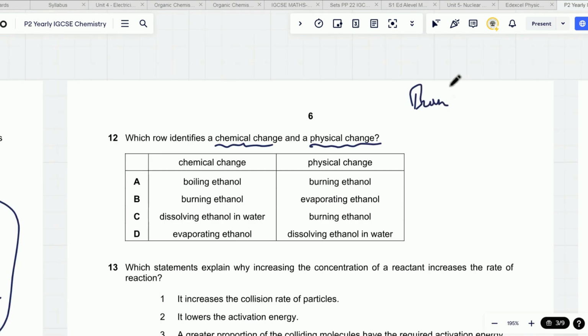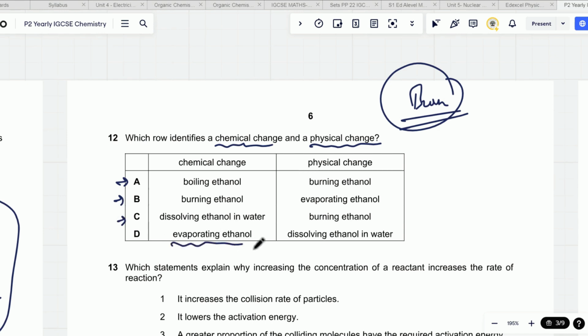Whenever we burn something, it creates a new substance for us. So whenever there is a chemical reaction, it usually involves burning, to break up the bonds, to break up any two compounds. So this is one major thing. So look for burning. Where is burning written? On A, on B, and on C, right? These are the three options where I can see burning written.